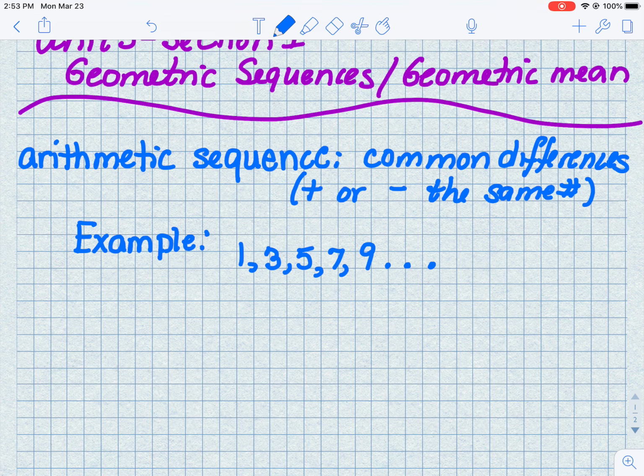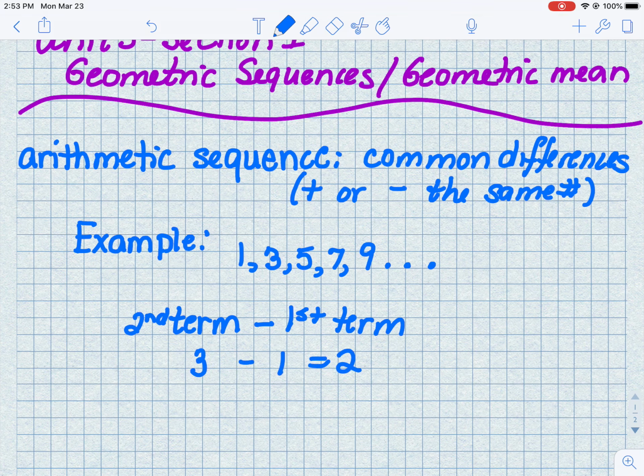There are a couple of ways you could do this. Sometimes you can just look at it and see it, but let's say you're having a hard time seeing it. You take the second term, and you subtract the first term. So in this case, we have 3 minus 1 equals 2.